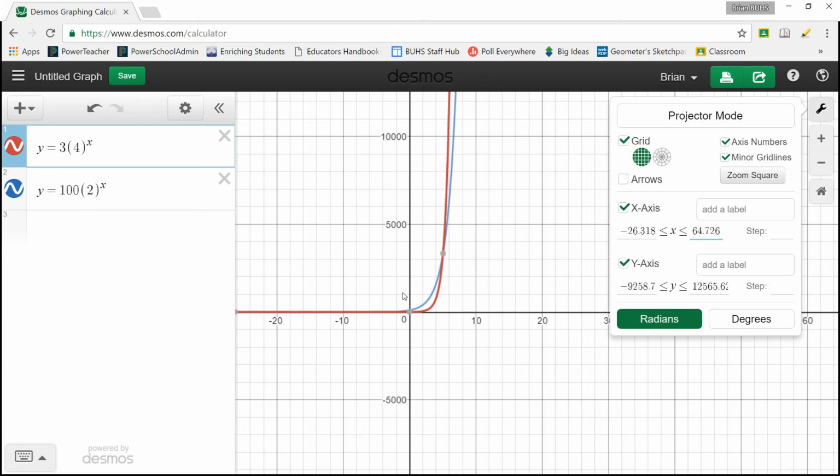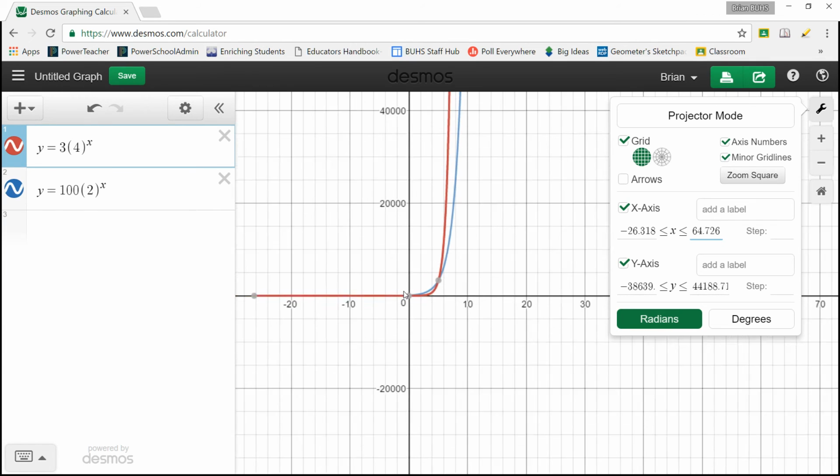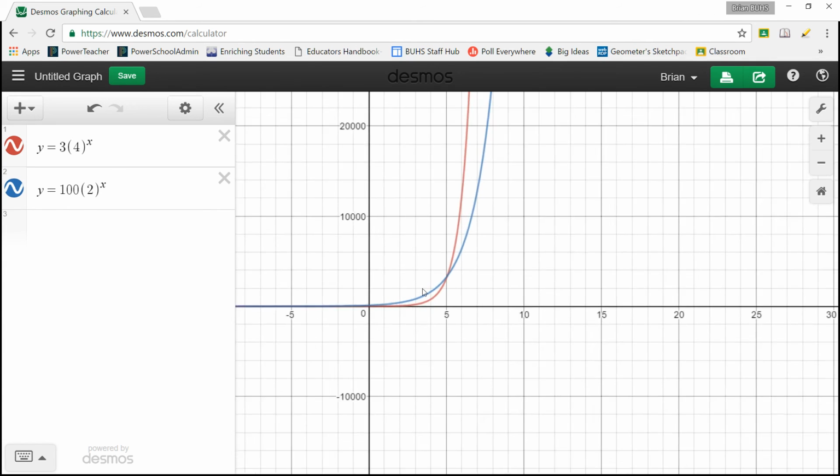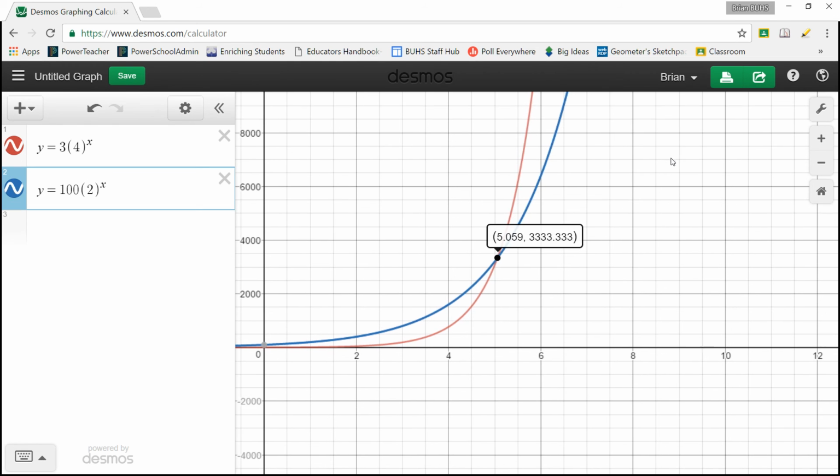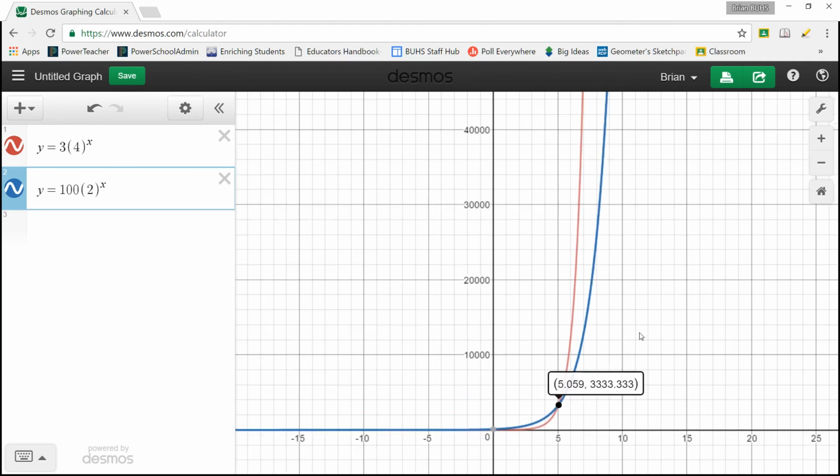All right, so I can smush that down a little bit. And you can see that at a little after day 5, they meet, and they both have populations of around 3,333. And then the quadrupling population does overtake it, and we'll just get bigger and bigger, faster and faster, right?